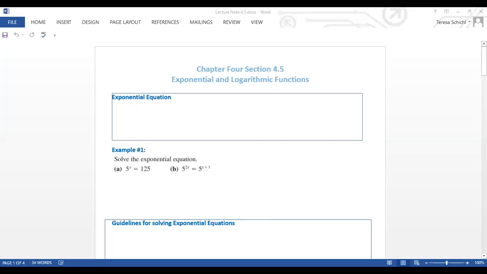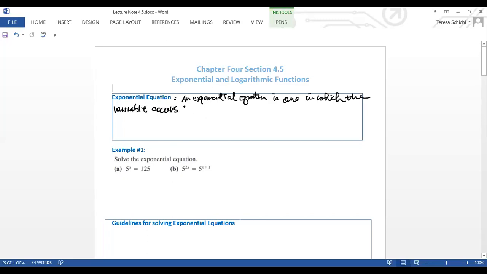Okay, so first, let's take a look at what we mean by exponential equations. An exponential equation is one in which the variable occurs in the exponents.